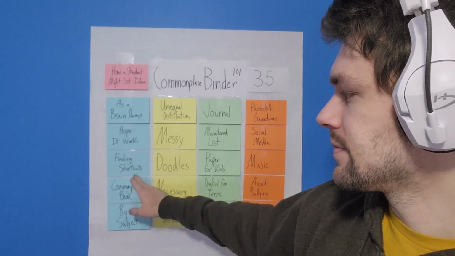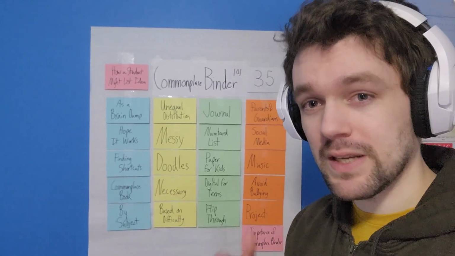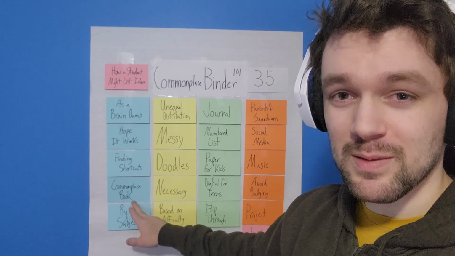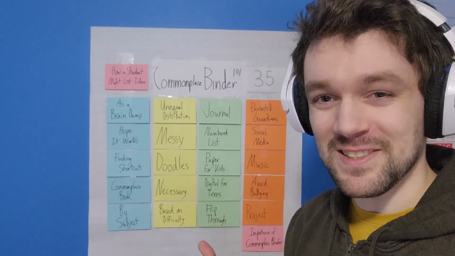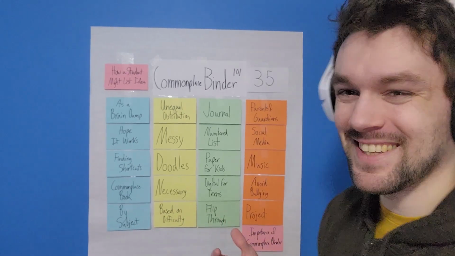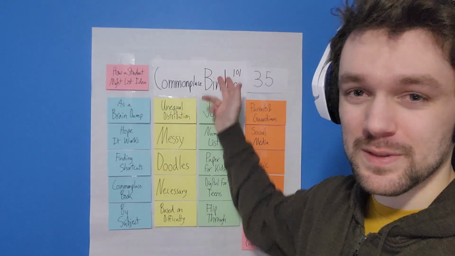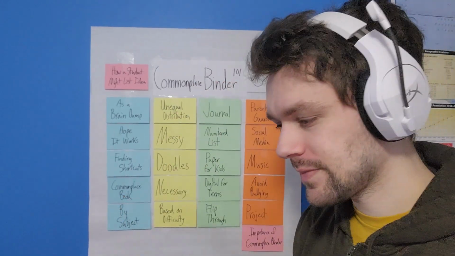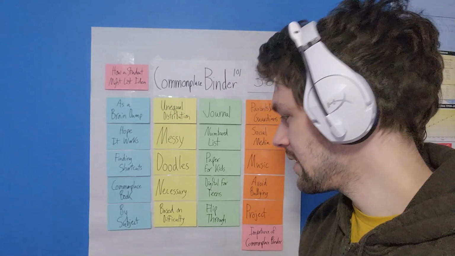So finding shortcuts, that might help with that. I didn't realize the Commonplace book is next, but we basically just talked about it. Commonplace binder, basically a Commonplace book.